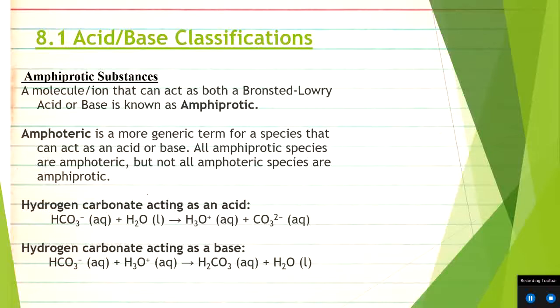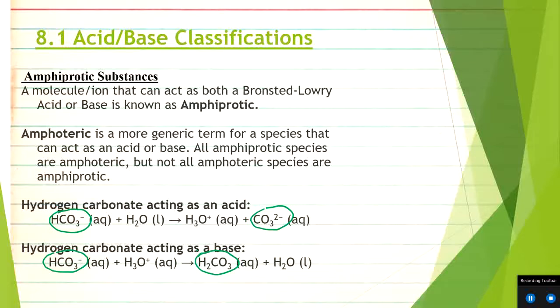So in this, just as a reminder from the previous slide, here we have our hydrogen carbonate acid. This would be the conjugate base. Here we have our hydrogen carbonate acting as a base, which means this would be the conjugate acid. Again, water has its own pairing as well.